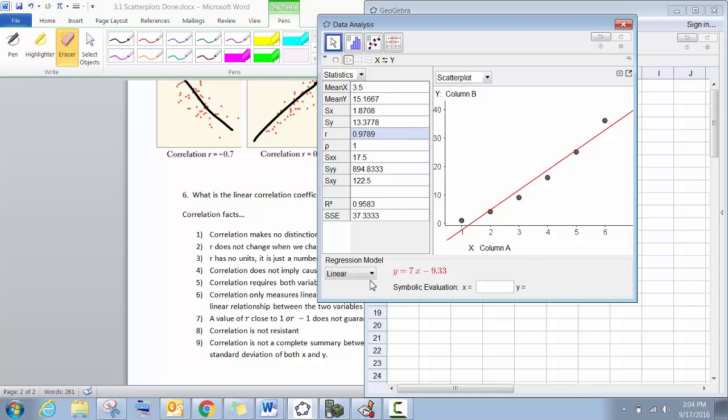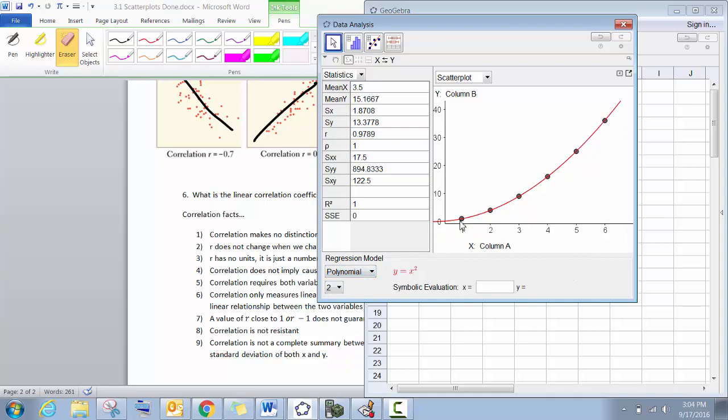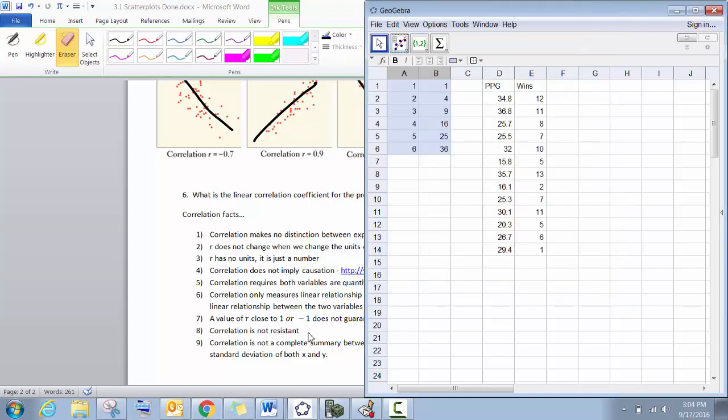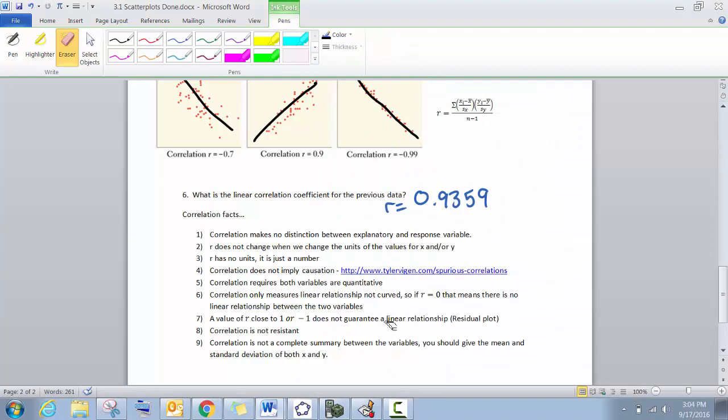Except, if we were to do a different model, it fits perfectly. Because this is a polynomial, this is a curve, this is x squared. It is literally y equals x squared. That's exactly what it is, but it looked like it was linear. So you have to be careful when you're doing that. When we do a residual plot, again, we'll talk about that in 3.2.